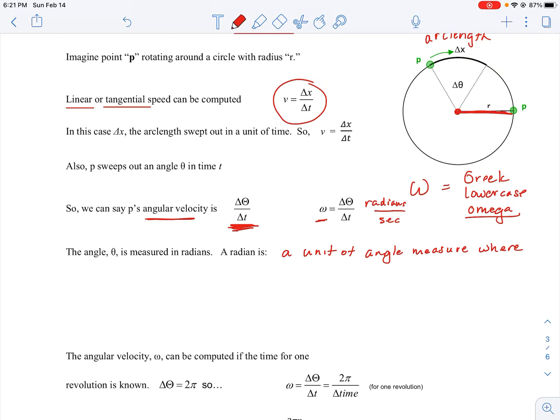So we would take one radius, pick it up, and lay it over this portion of the circumference, and the angle that is swept out is 1 radian.